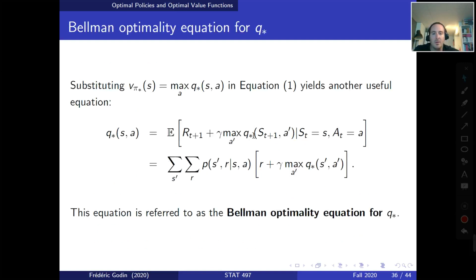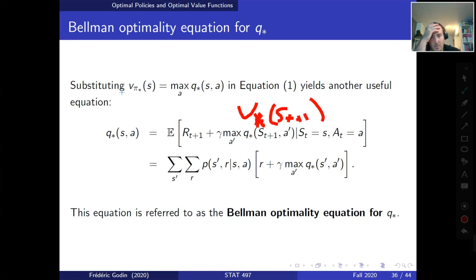But instead of having V star of S prime, or V star of S t plus 1, the optimal value in the next state, we can replace it by the maximum of Q star, maximum across A. In the previous equation, this was simply V star of S t plus 1.